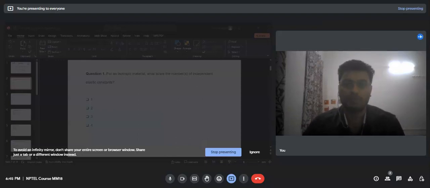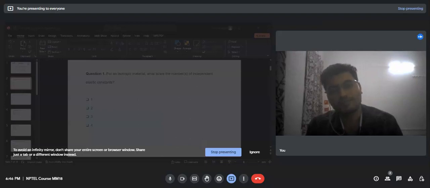So question number 5 is: in a composite body consisting of two different materials, what will be the same in both materials? First we'll see what a composite body is. Here I'm making a normal body.